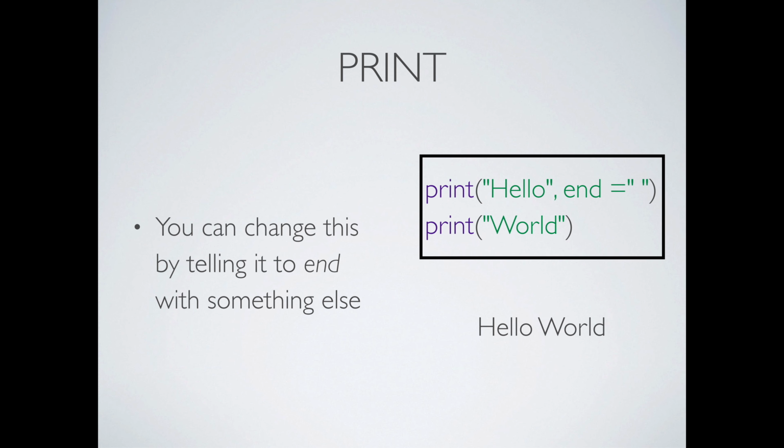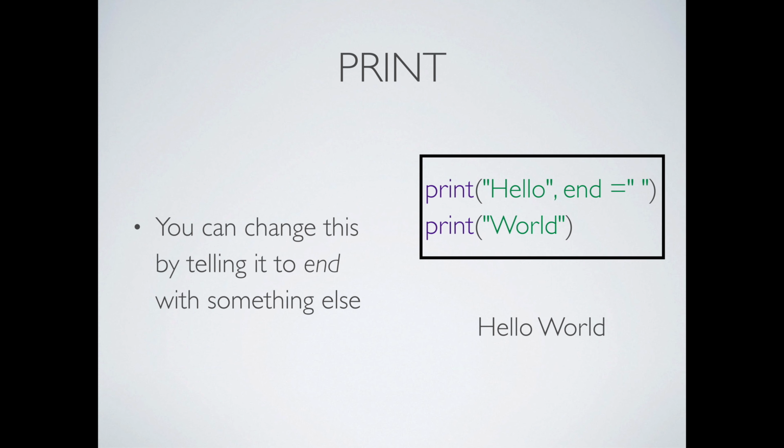Alright, so you have print the string, comma, end equals another string. In this example, our end equals a space character. So what will happen is we'll print hello. Instead of going to a new line before printing world, there will be a space character instead, and then world will come out.